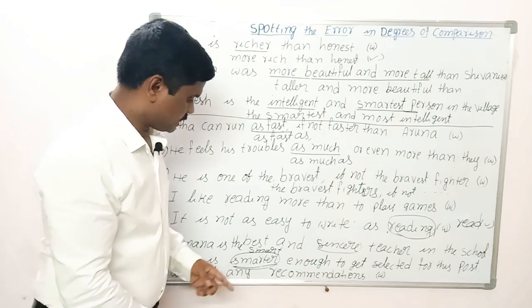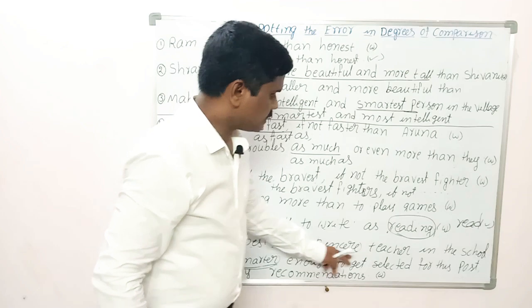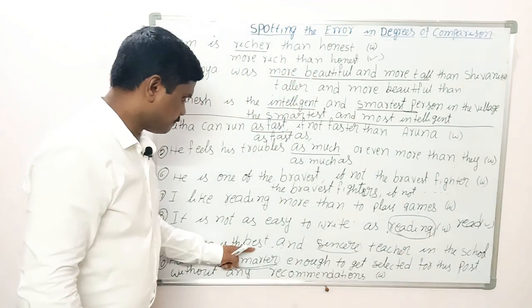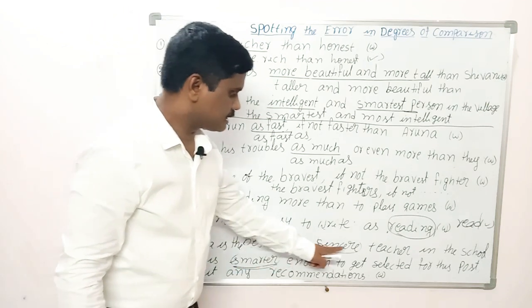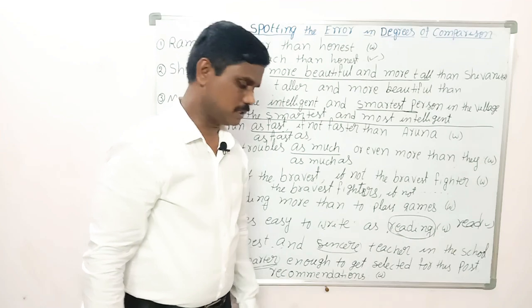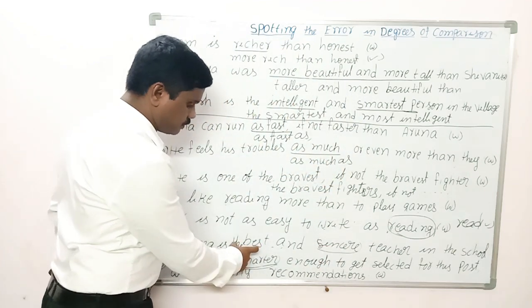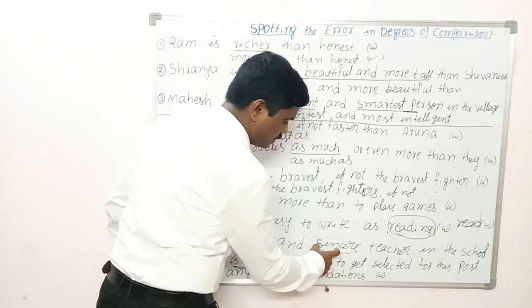Ramana is the best and sincere teacher in the school. Here Ramana is the best, adjective 3. This is correct, no problem. And sincere teacher in the school. Here sincere, this is wrong. Why? Here adjective 3, so here also we must use adjective 3.